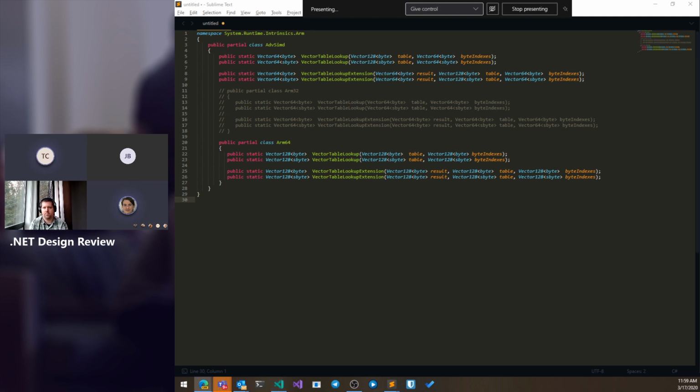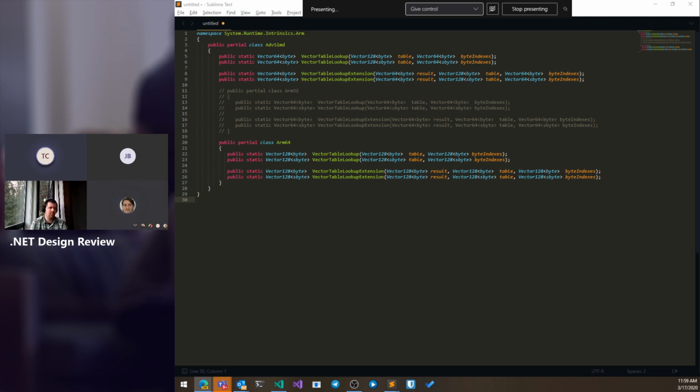I was going to suggest for instead of result, maybe default values. So I guess it's a little bit unclear. How is the result used exactly in the computation of the actual result? So if your index is out of range, then the value in the original result vector is used, or it's left unchanged.